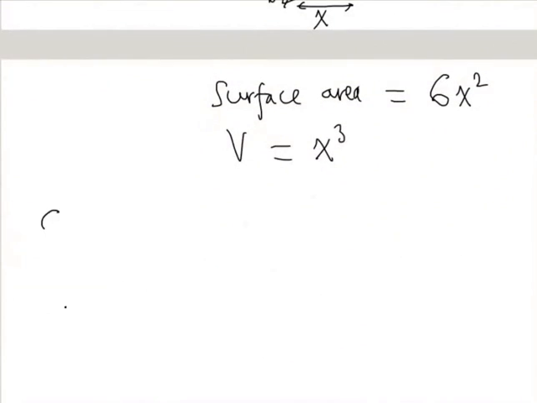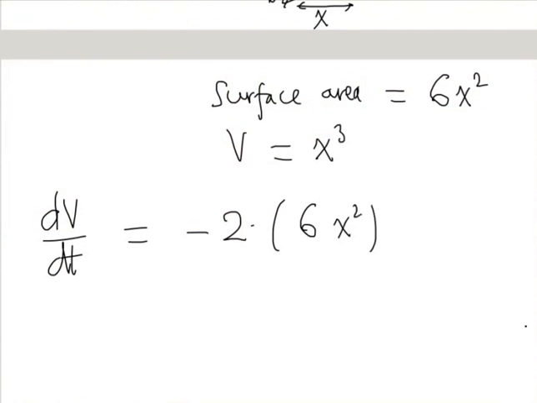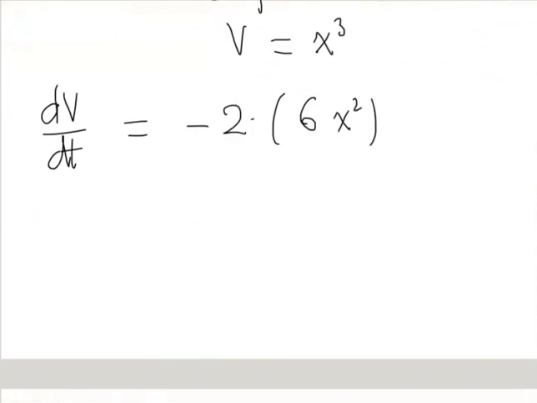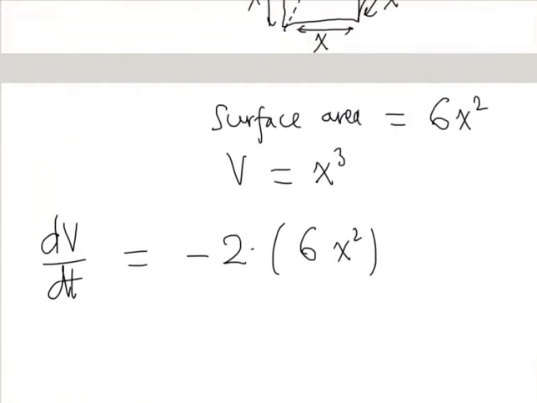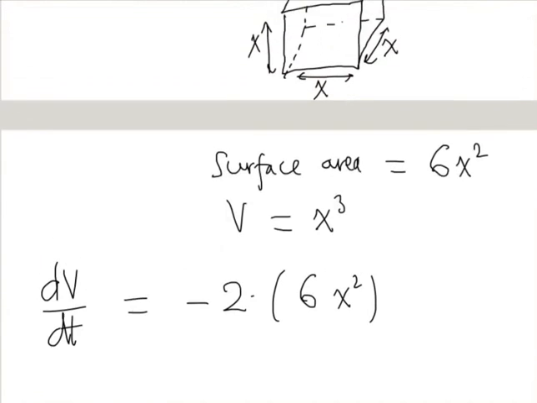Now let's look back at the differential equation. It says dV/dt equals minus 2 times the surface area, which is 6x squared. But we cannot solve this because it involves two unknowns, V and x, right? To solve the differential equation, we're looking for V, so we should convert everything to V. How to do that? From here, we take the cube root.